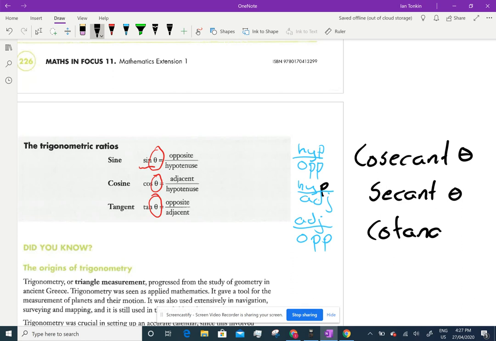Now, they don't put these ratios on your calculator because they're just reciprocals. So if you know that sine of 30 is 1 to 2, which we do, well then cosecant of 30 is 2 to 1. It's just the reciprocal.